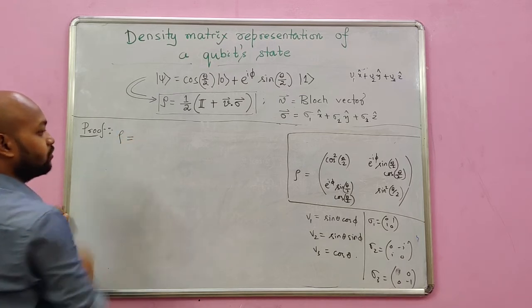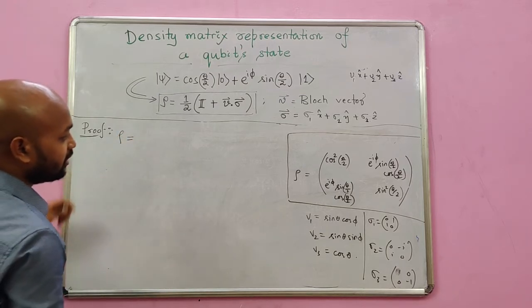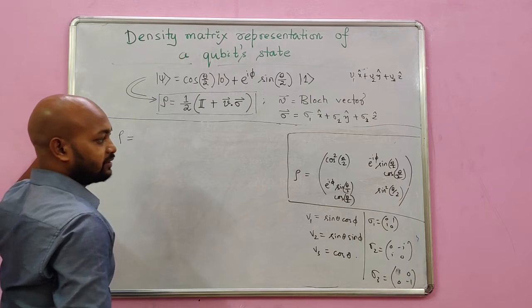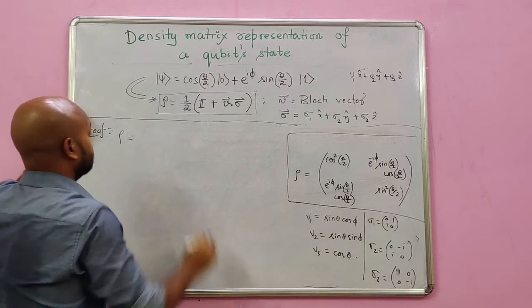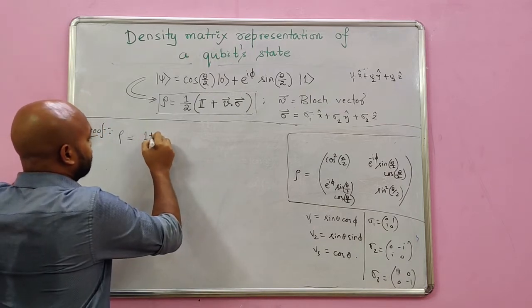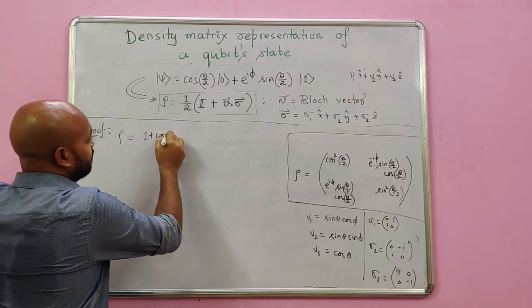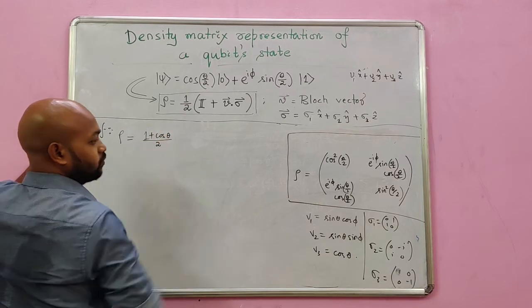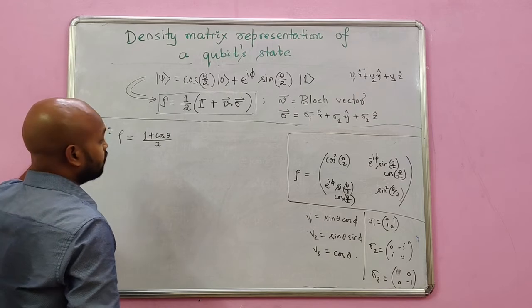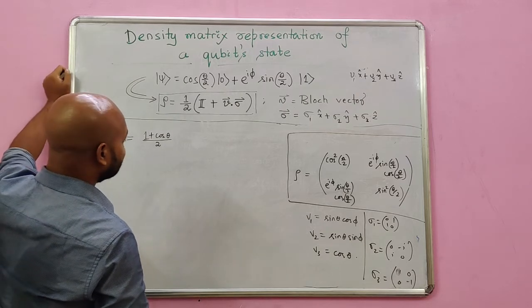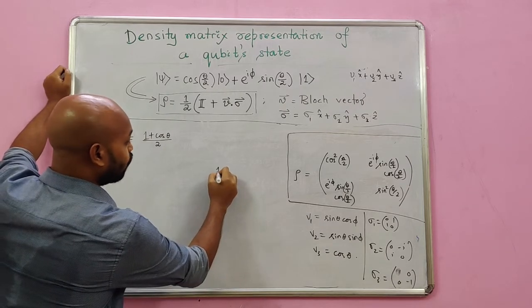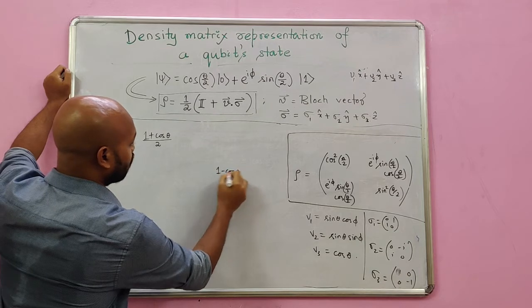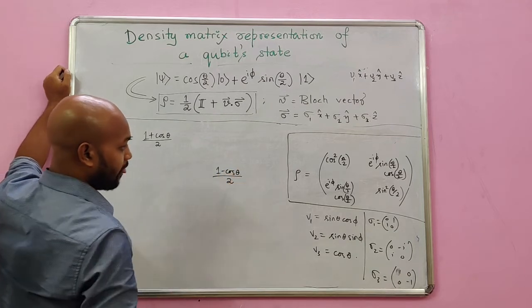So rho equals, in the first step, I write cos square theta by 2 as (1 plus cos theta) by 2. Accordingly, sin square theta by 2 I write as (1 minus cos theta) by 2.